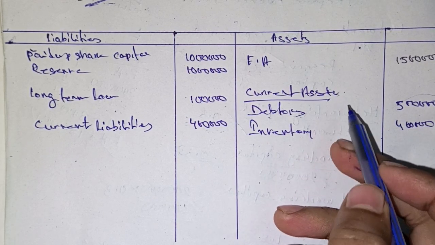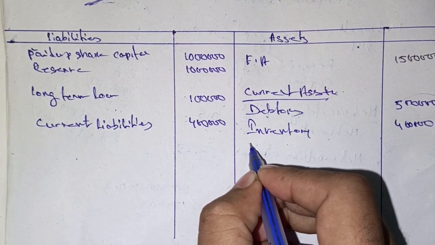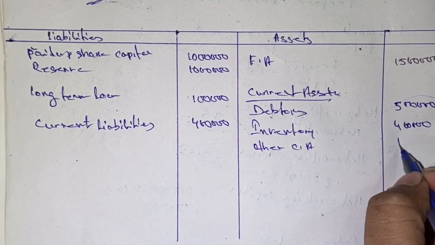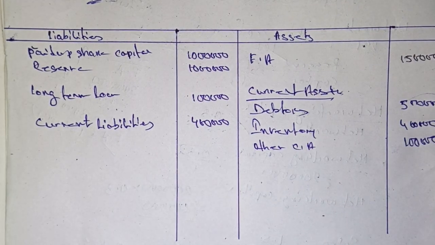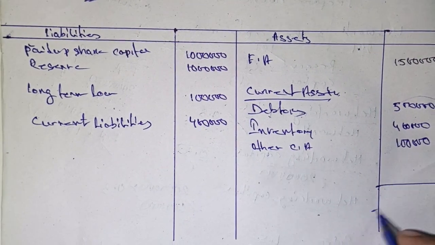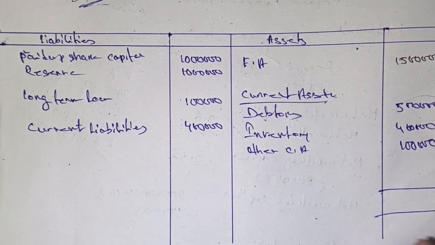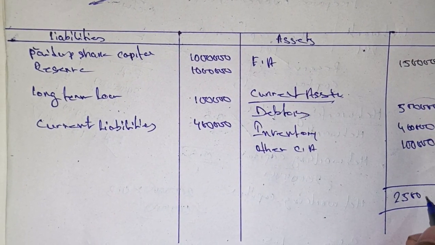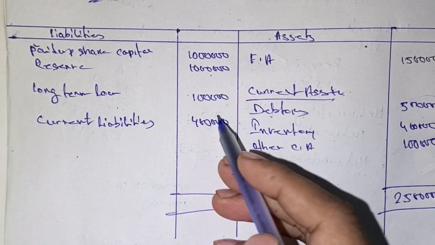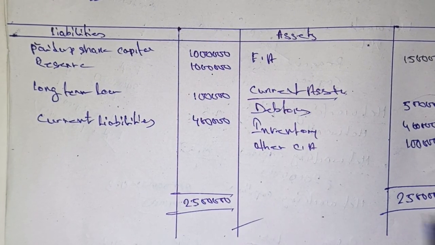But our current assets will be 10 lakh, so the remaining 1 lakh we can write here like that, other current asset, that is 1 lakh. Now you can sum it. It will be 15 lakh and then 10 lakh, 25 lakhs. And on this side it also becomes 25 lakh because 20 lakhs and 5 lakhs, 25 lakhs. Okay, so our question is complete.